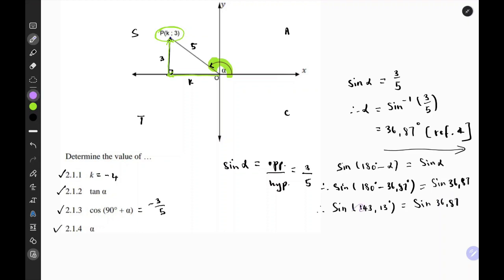Because these ratios are equal, it means that alpha should be equal to 143.13 degrees, or alpha should be equal to 36.87 degrees. And we accept the 143.13 degree solution because alpha is an obtuse angle.